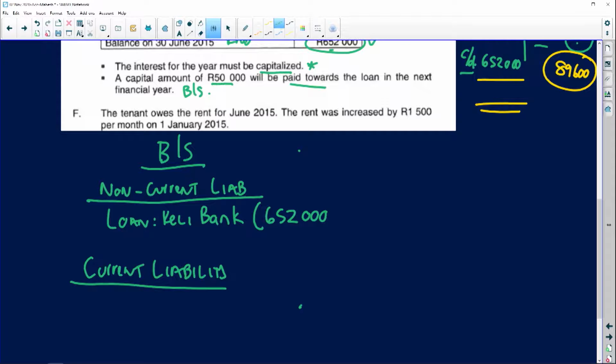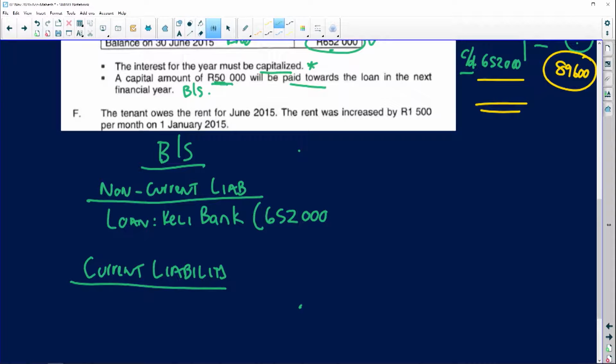So if you look at this adjustment, they are telling you that 50,000 will be paid in the next financial year. In other words, within the next 12 months, the business is going to repay 50,000. So what we need to do is, in our balance sheet, that 50,000 is no longer a non-current liability. So we're going to subtract 50,000 from non-current liability, and we're going to simply show that 50,000 under current liability.